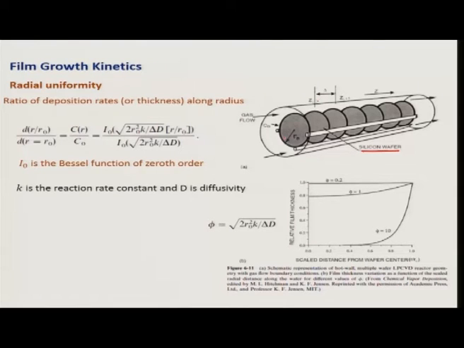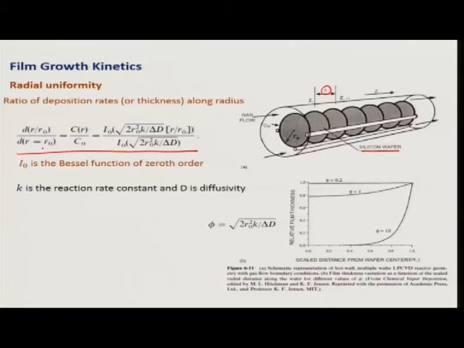There are certain parameters like delta, which is the separation between two wafers, and the radius. I will not go into the details, but this gives you an expression for how the thickness or the deposition rates will vary along the radius.